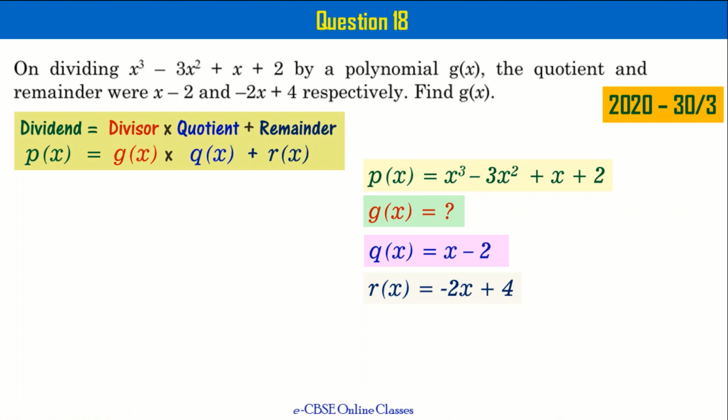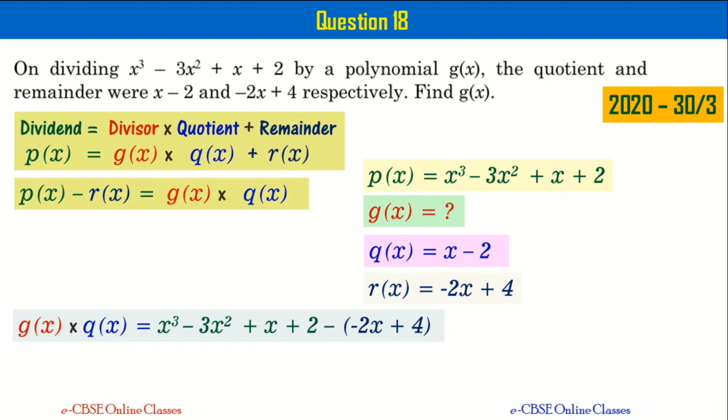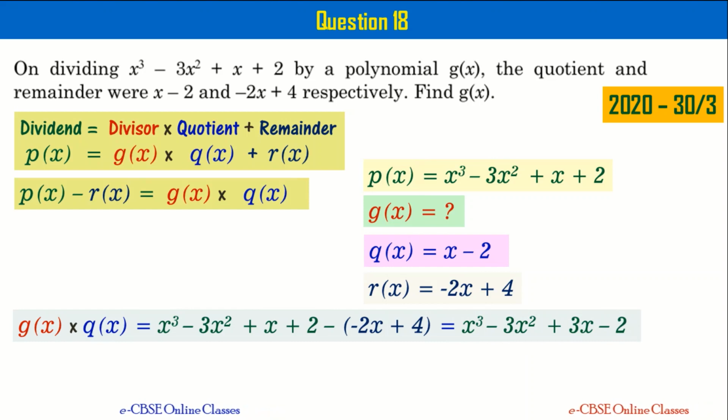The previous expression p of x equal to g of x times q of x plus r of x can be written now as p of x minus r of x equal to g of x times q of x, right? Now using the values given for p of x, q of x and r of x, we say that g of x times q of x equal to x cube minus 3x square plus x plus 2 minus of minus 2x plus 4. When you simplify this, what you get is g of x times q of x equal to x cube minus 3x square plus 3x minus 2.